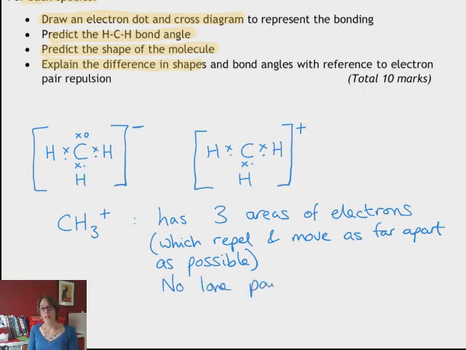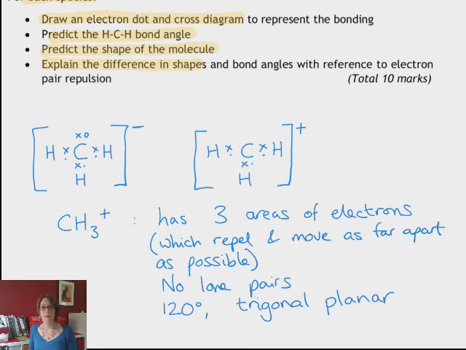But we should point out that there are no lone pairs, so everything is a bond. And that means that our 3 areas of electrons will be 120 degrees apart, and the shape will be trigonal planar. It is kind of important to get that word planar in, because remember that you can have a much less common shape, which is trigonal bipyramidal, where you have another 2 areas of electrons above and below that shape.